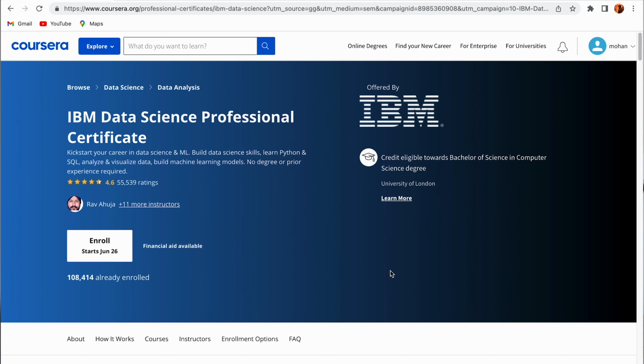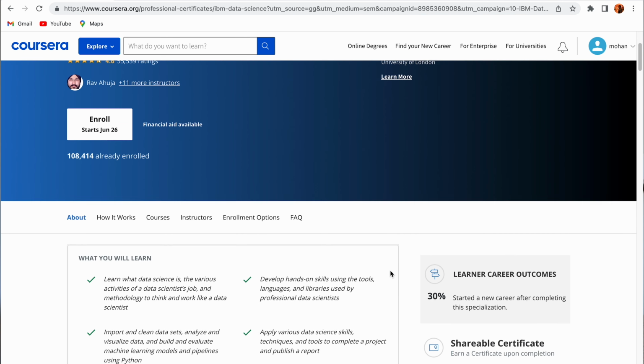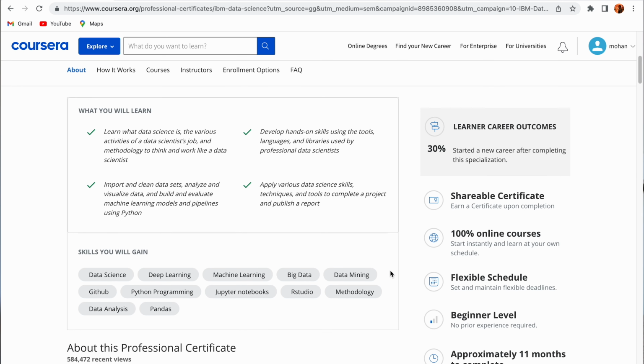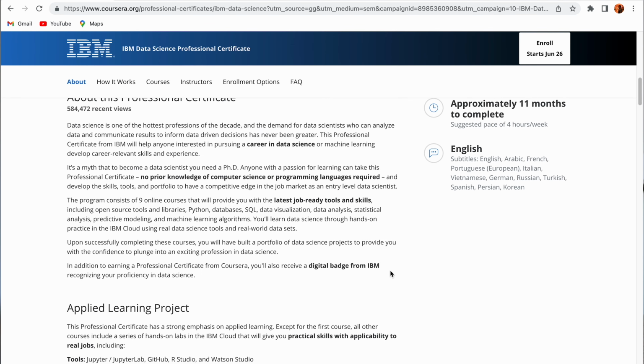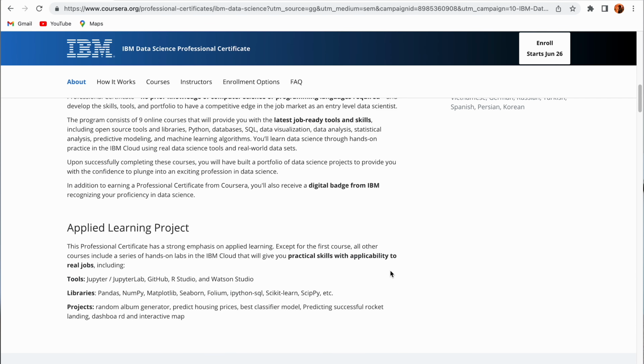So the IBM Data Science Professional Certificate goes into what is data science, what is the application, what are different data science methodologies. This course covers the whole data science job family and gives you a very nice overview, and then you get a very good understanding of how data science works in the bigger picture.